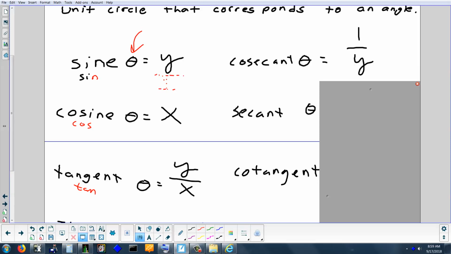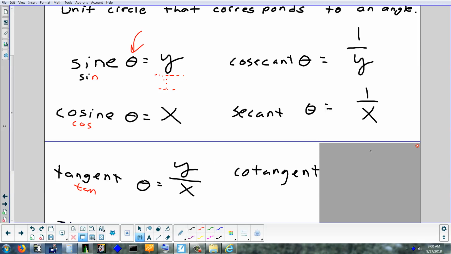So the cosecant, it's not y, it's 1 over y. And using kind of the same reasoning, do you think you could tell me what the secant would be? 1 over x. Yep, it's 1 over x. Good. And Christian, how about the cotangent?